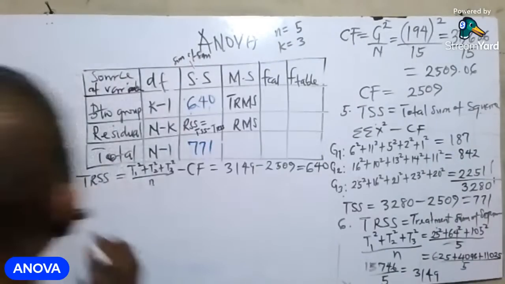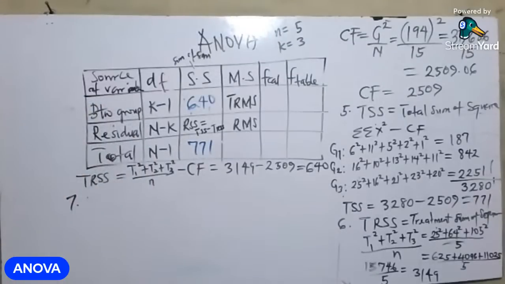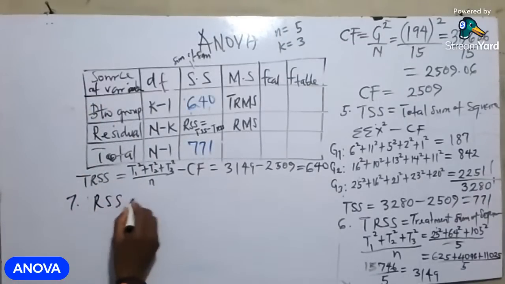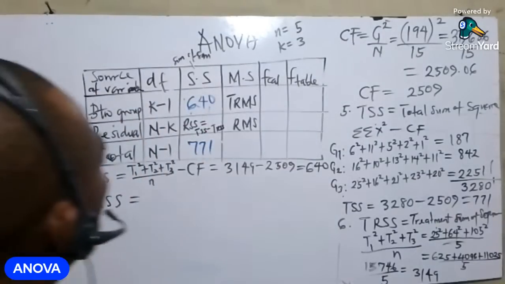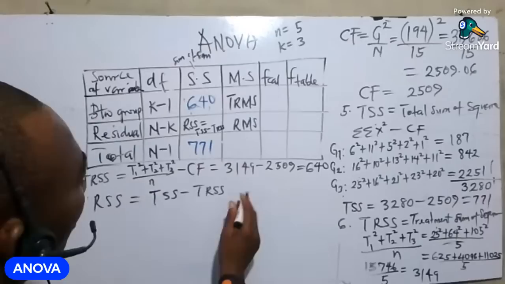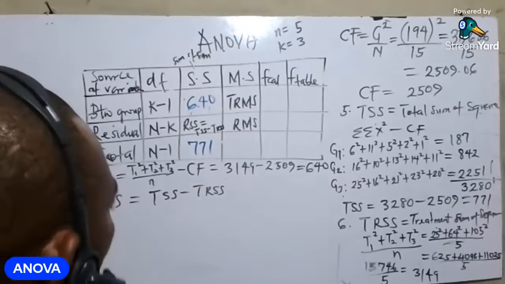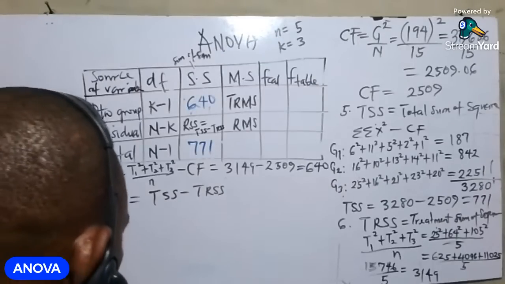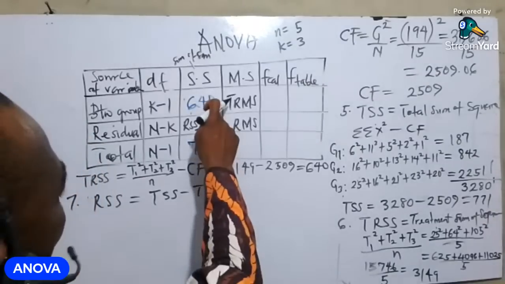So step 7 now is to get your RSS. So what is your RSS? That one is very simple. If you look at it here, the RSS is just TSS minus TRSS. If you go back to the formula, you see that TSS is this, TRSS is this.